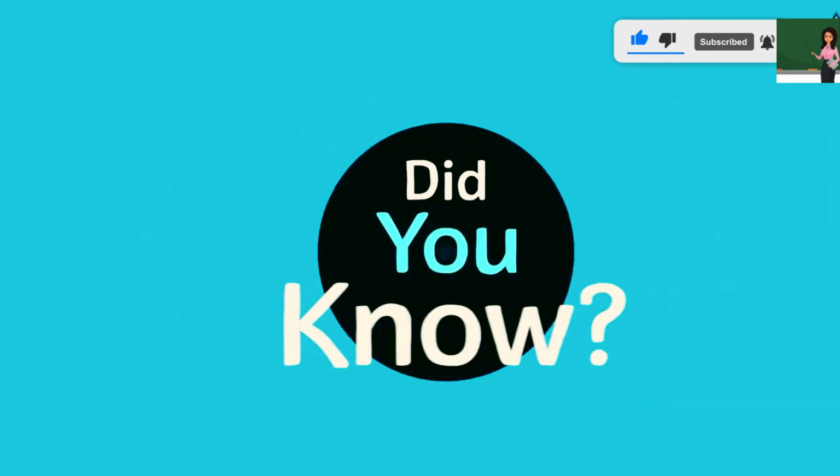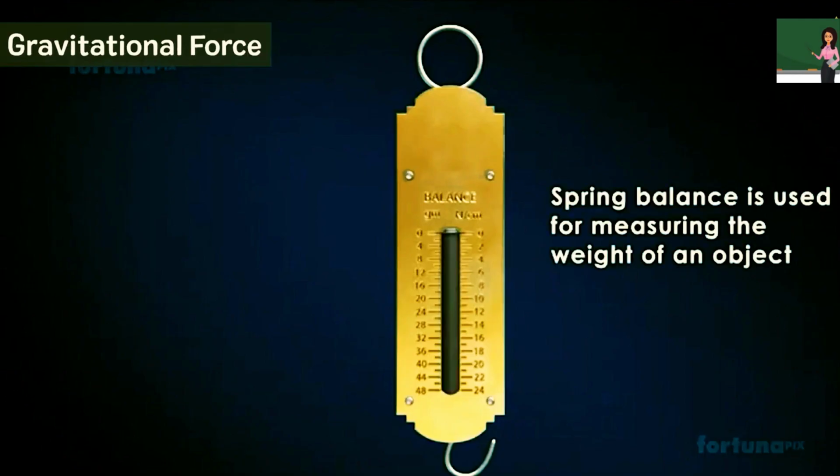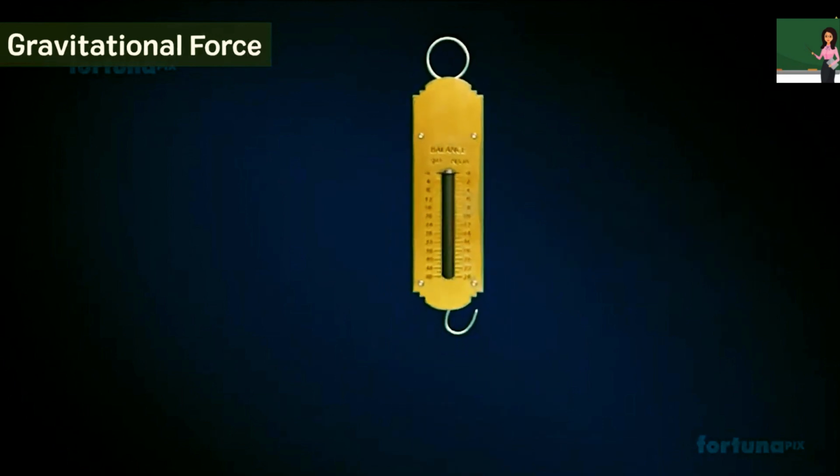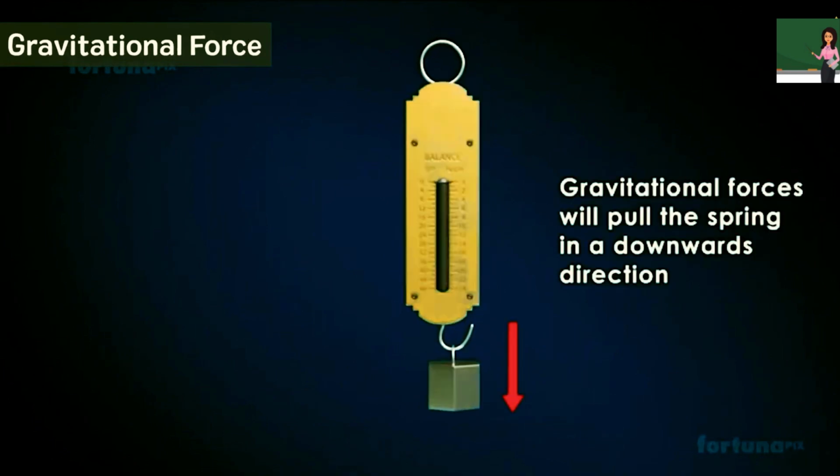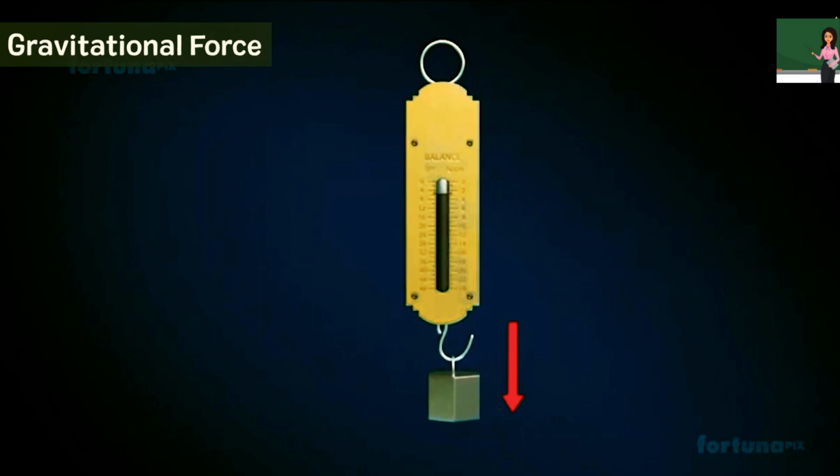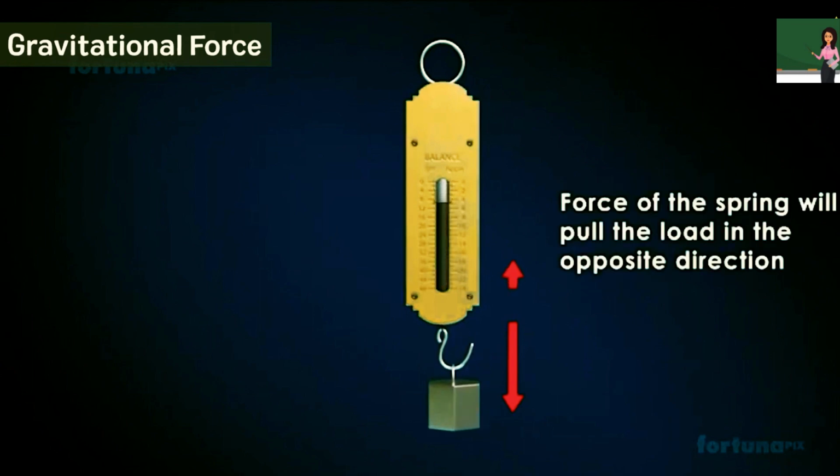To weigh an object, it is hung from the hook of a spring balance. The suspended object is pulled downwards by the force of gravity. At the same time, the force of the tension in the spring constantly pulls the object upwards.